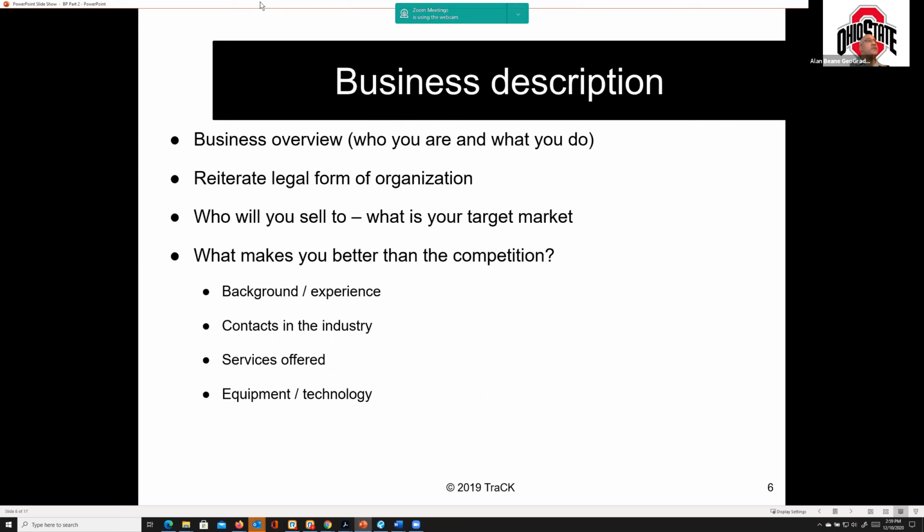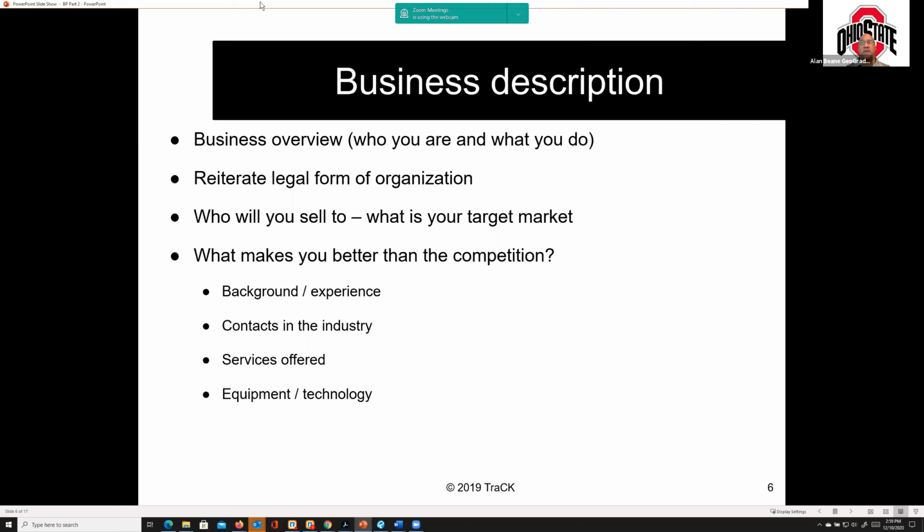And then in the business description, you want to reiterate the legal form of the organization, if you're a sole proprietorship, partnership. And then who will you sell to? What's your target market? Is it public clients in the Seattle area? Is it private clients in the Seattle area?